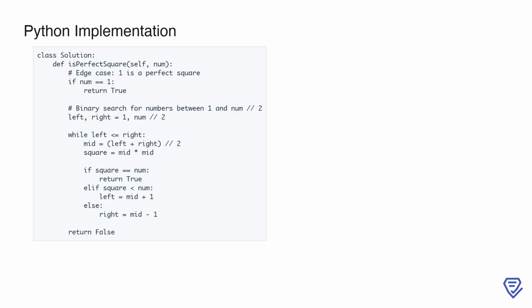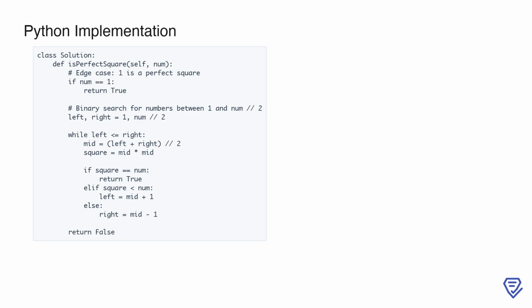This reduces unnecessary iterations. The binary search loop runs while left is less than or equal to right. In each iteration, the middle value mid is computed as the average of left and right. The square of mid is then calculated and compared to the input number. If mid*mid equals number, the function returns true, confirming that number is a perfect square.